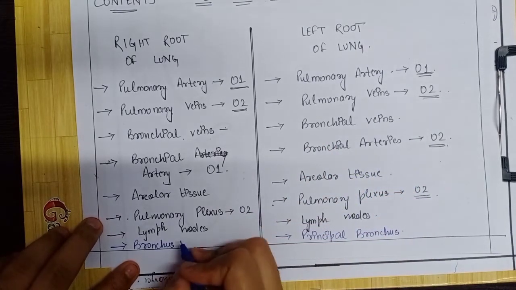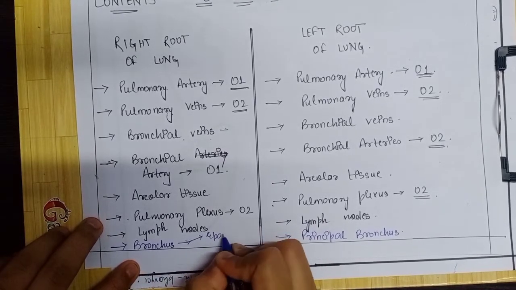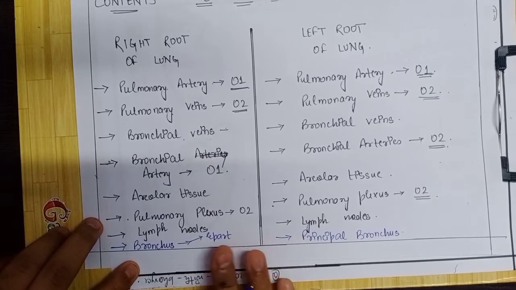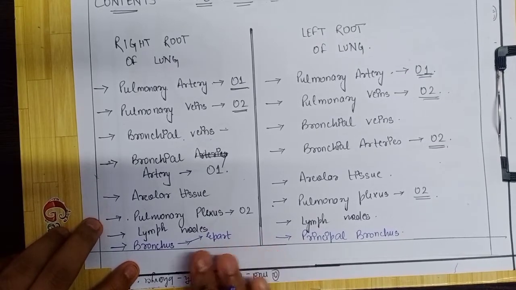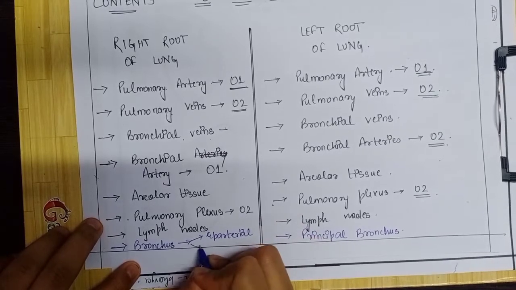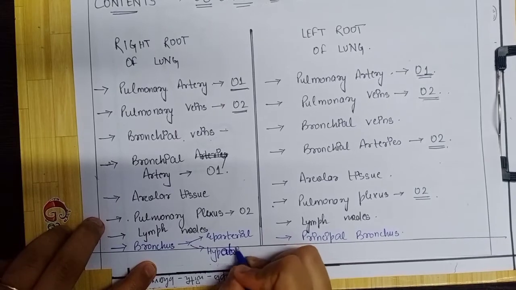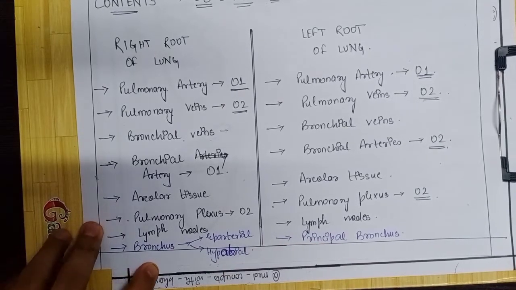So we have two bronchus on the right side: eparterial bronchus, and then hyparterial bronchus.